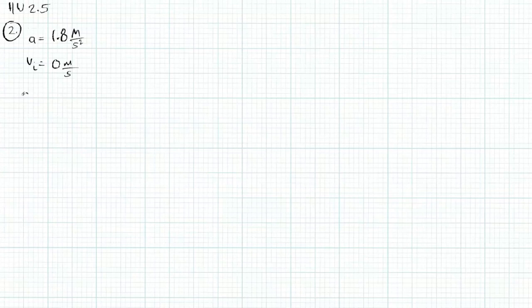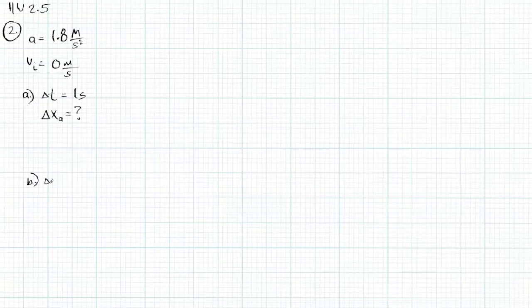So let's start by writing down for A. It tells us that the change in time, or the amount of time that has elapsed, is 1 second. And so what it's asking is, what's the displacement at A? That's what we want to find out. The same is true of B right here.